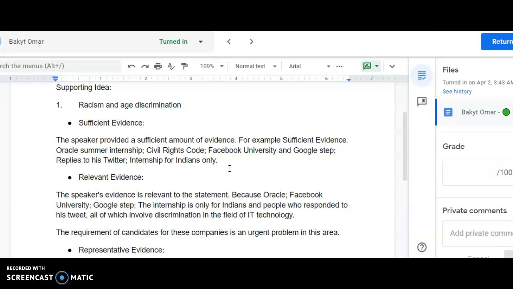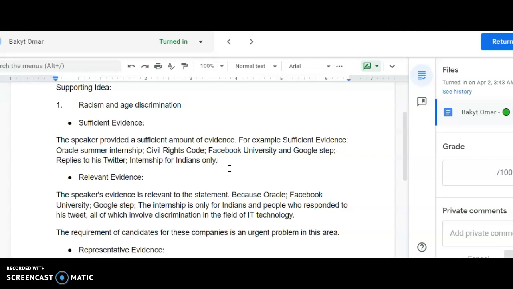I mean, just one email from the Oracle company, citation of the Civil Rights Code, references to Facebook, a few Twitter replies, and another advertisement for Indians only. These are just isolated pieces of evidence. That does not prove that all over America there is systemic bias, right?